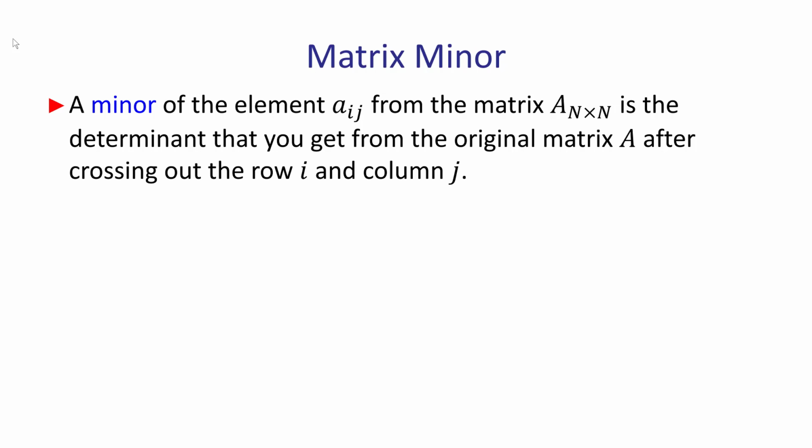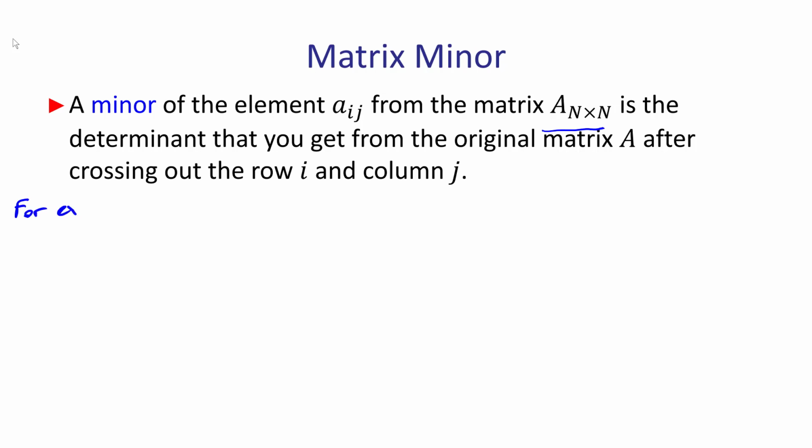A minor of the element Aij from the matrix ANN is a determinant that you get from the original matrix A after crossing out the row I and column J, which means you're just taking row I and column J, and crossing out row I and column J in the matrix, and the rest of the values you're putting in smaller matrix for which you're computing the determinant, and this is the minor of that specific element.